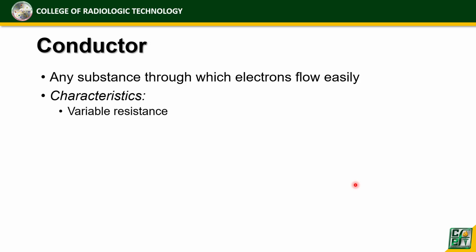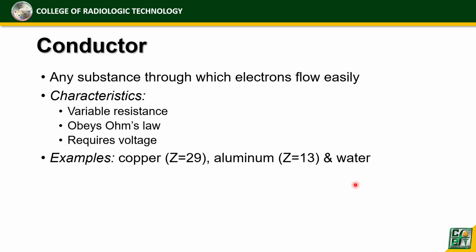So, variable resistance. Paiba-iba ang kanyang resistance. Obeys the Ohm's law. Requires voltage. Siyempre, kaya nga siya ay flows ng electrons easily, di ba? Then, so example nito ay copper, aluminum, and water.